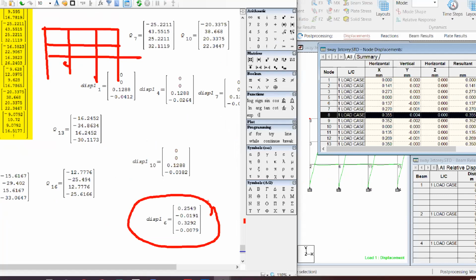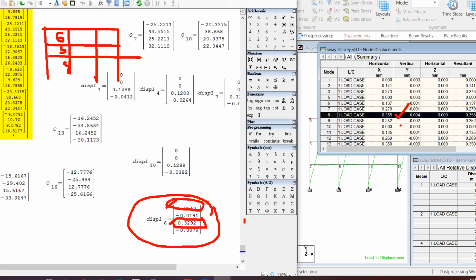So this is member 4, member 5, member 6, and this is the lateral here and lateral on the roof. So I have 0.25 and 0.33. What did STAAD get?